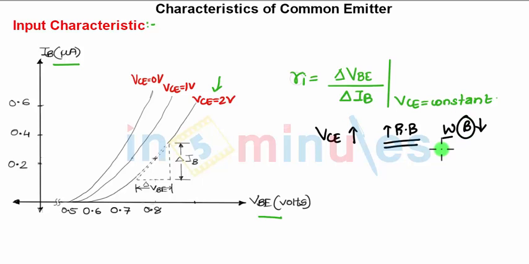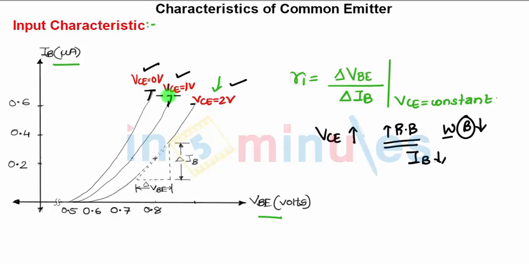When the base width decreases, IB decreases. So as you increase the value of VCE from 0 to 1, 1 to 2 volts, the highest value till which IB is reaching is now decreasing as you increase the value of VCE. This is what you can predict from the input characteristics.